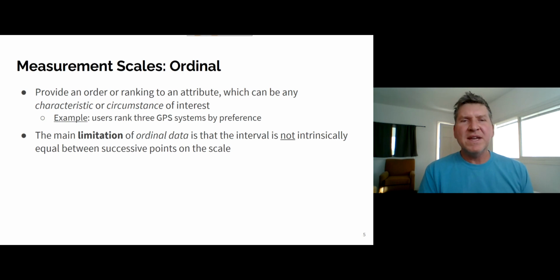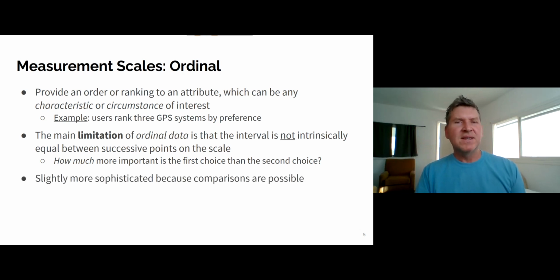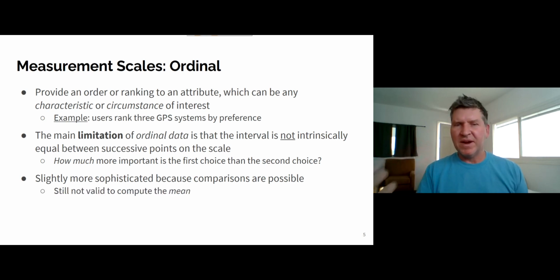So the main limitation of ordinal data is that the interval is not intrinsically equal between different points on the scale. So how much more important if you have a ranked choice is the first choice compared to the second? So it's a little bit more sophisticated than nominal because we can make comparisons in terms of order. But it's still not possible to define a mean. I mean, how would you take a mean of a ranked set of values?